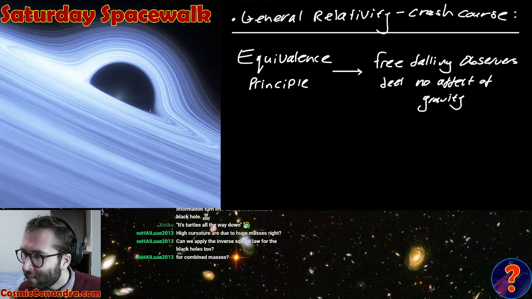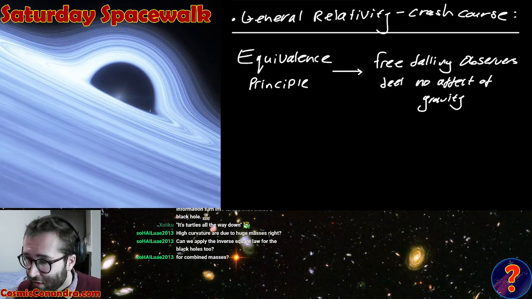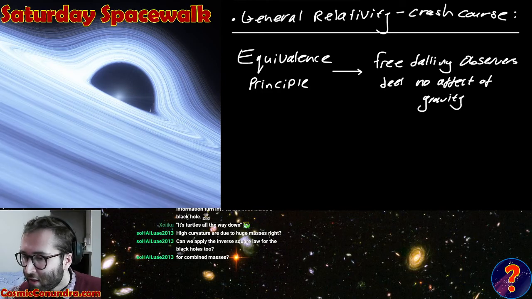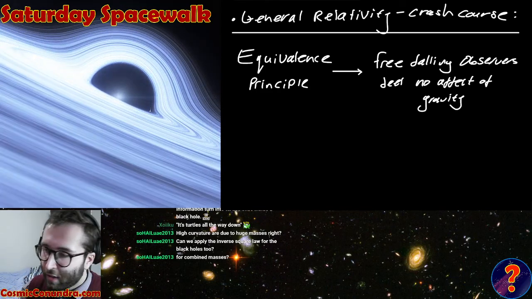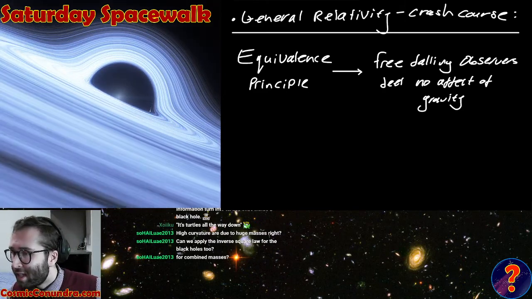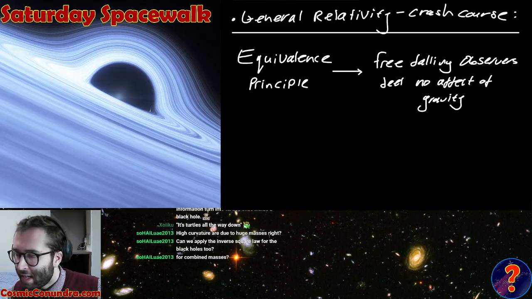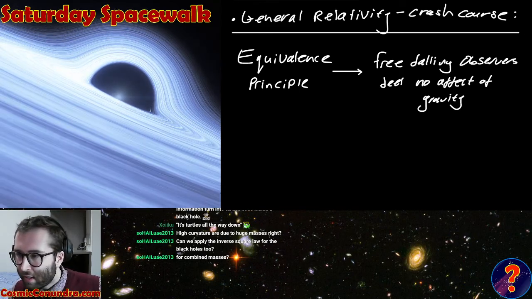Now you can be more precise about this, and you can talk about the strong equivalence principle, which refers specifically to local observers, because there are ways you can tell that you're being affected by gravity, even if you're free falling. These are what we call tidal forces.